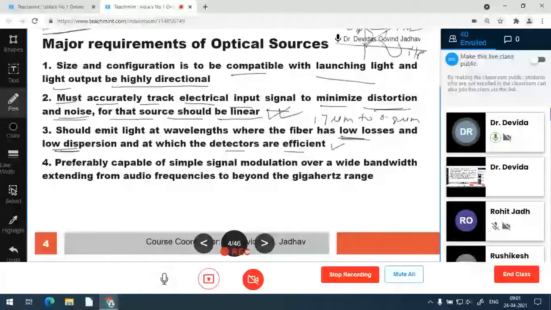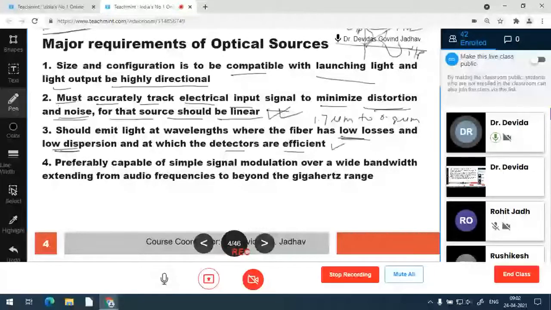So this is the requirement of the source: it should emit light at a wavelength so that the fiber has low losses, low dispersion, and the detector is efficient at that wavelength.